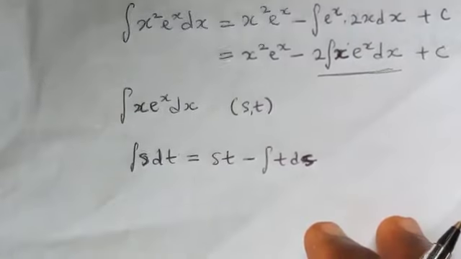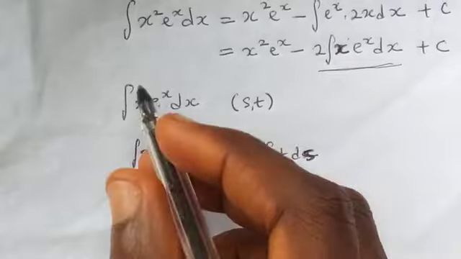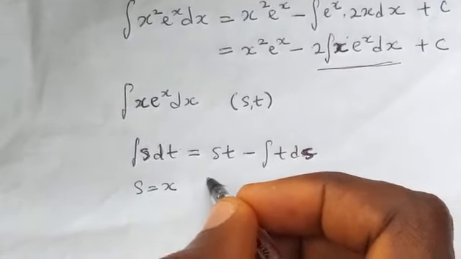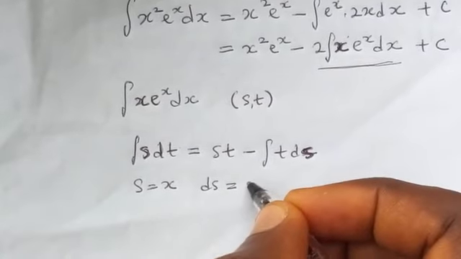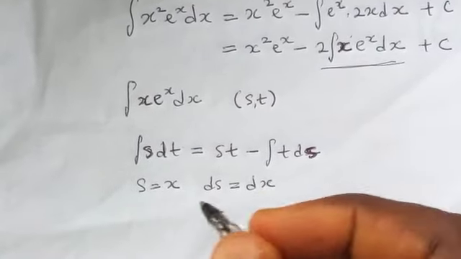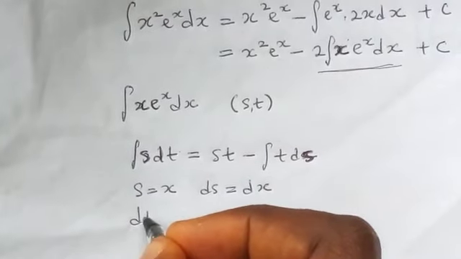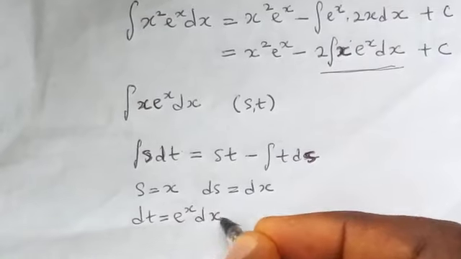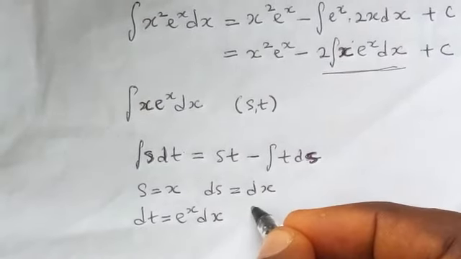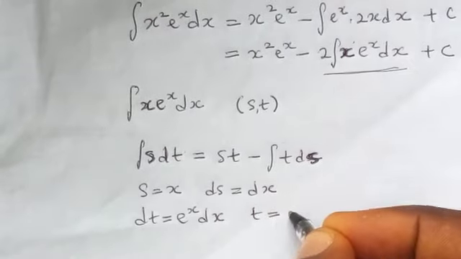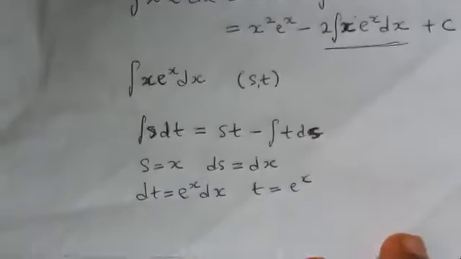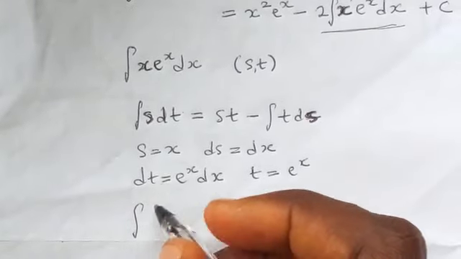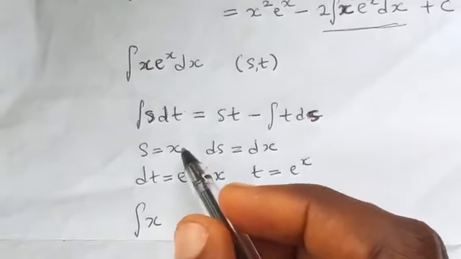Then s will be equal to x, and dt will be equal to e raised to power x dx, then t will be equal to e raised to power x.